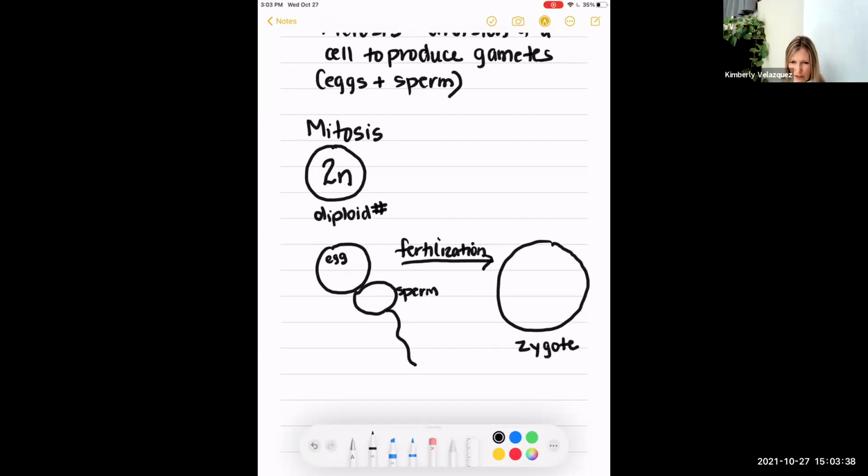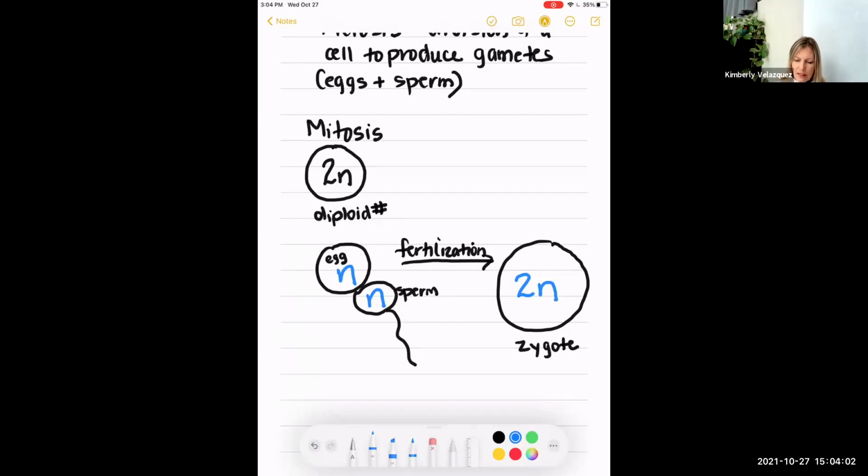That zygote came from two other cells, so it now has double the number of chromosomes. In other words, this egg had the N number of chromosomes and the sperm had the N number of chromosomes. And now this zygote has the 2N number.